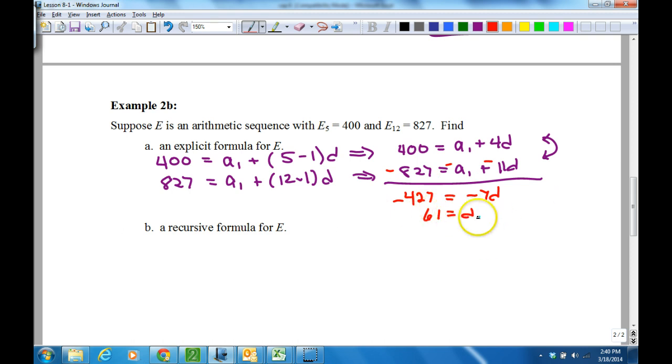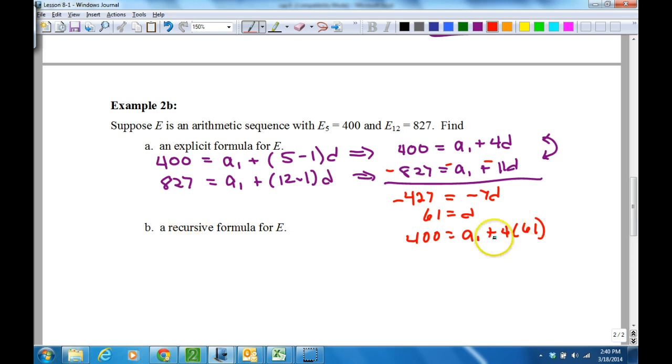Now, if we put this back into the original equation, I'm going to have 400 equals a sub 1 plus 4 times 61.